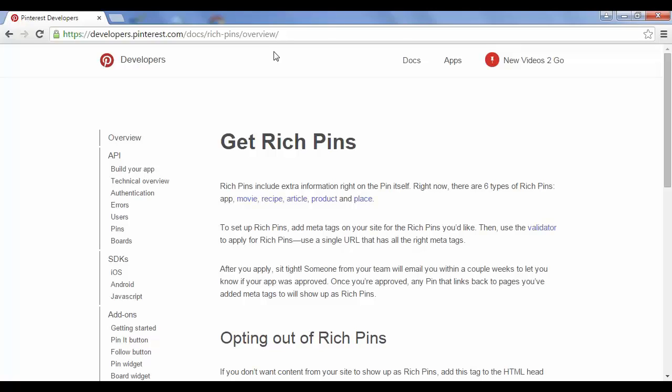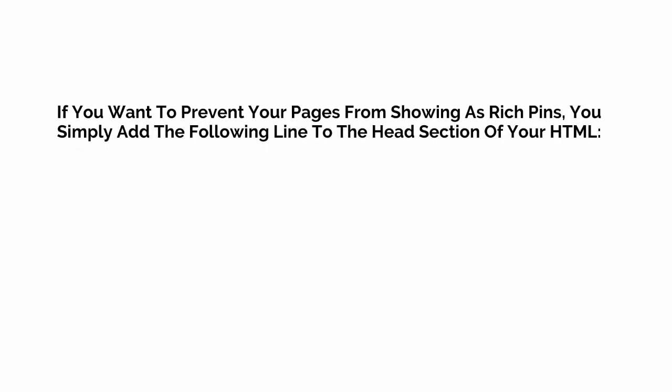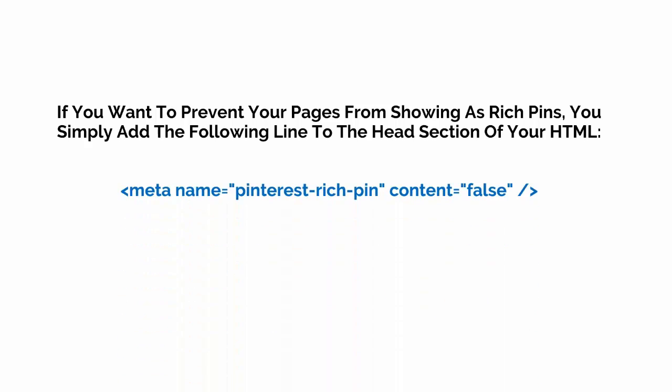From there, you simply need to add some meta information to your website so that Pinterest can see what type of content you've shared. Just a side note, if you want to prevent your pages from showing as rich pins, you simply add the following line to the head section of your HTML.